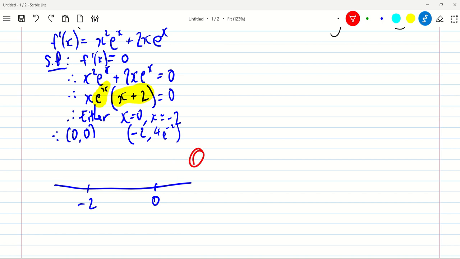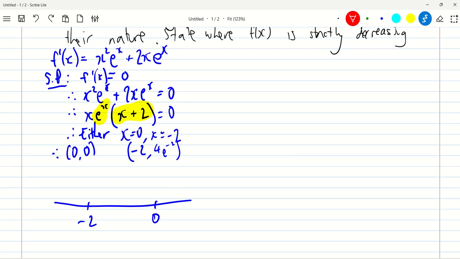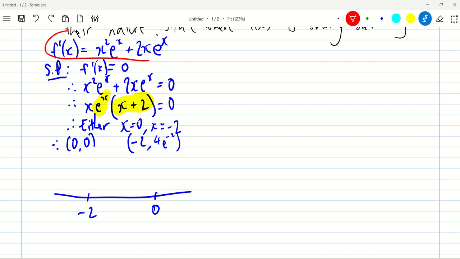Let's do this one out here first. So what you do is just pick any number. I'm going to pick 10, usually a big number, something out there. And let's have a think about this gradient. Will that be positive, negative, or 0? It won't be 0, but positive or negative when x is equal to 10? I'm going to look at this factorized version because it's a little bit easier to see.